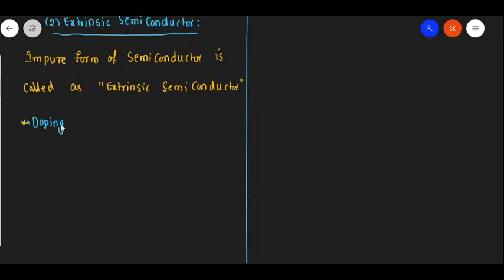What is doping? You know that, for example, if you want to increase the performance of some athlete, some players will go for the dope test, right? In the doping test, some members will be caught.